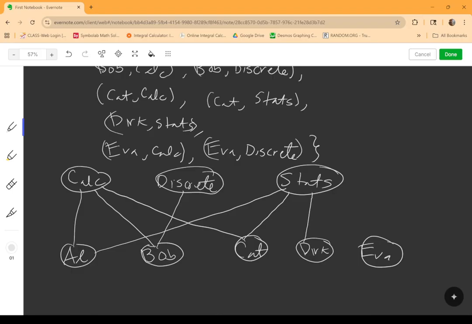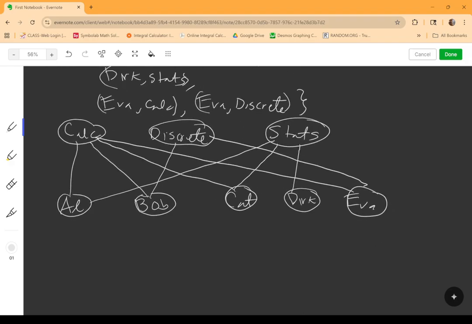And then Eva is in calculus, and she is also in discrete. Okay. So that is how we have a relation that I can draw as a graph.